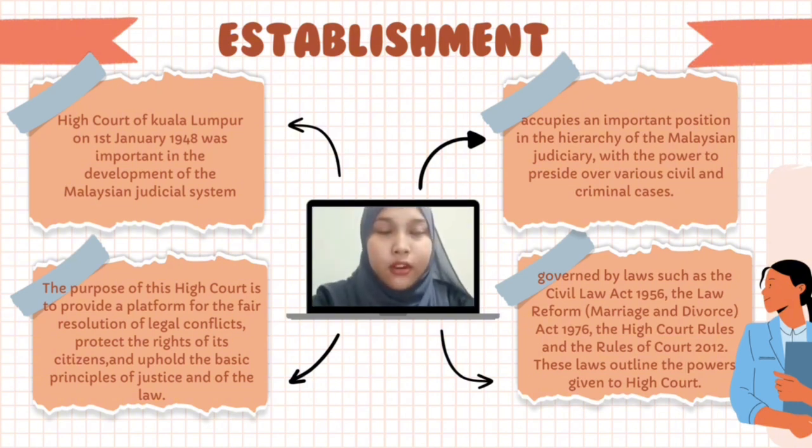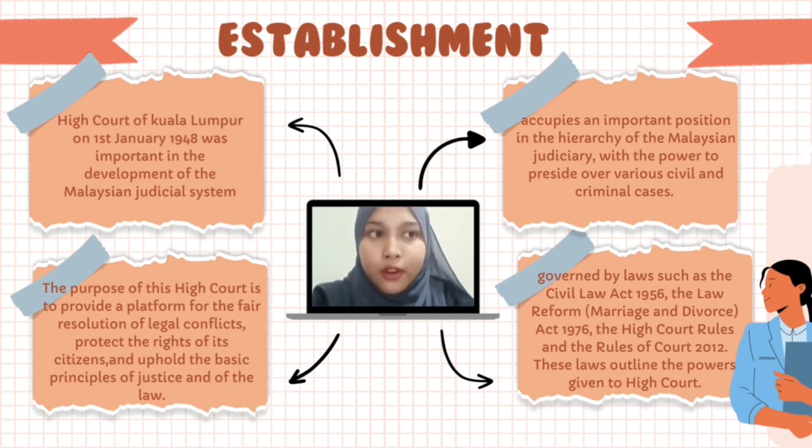The establishment of the High Court of Kuala Lumpur on 1st January 1948 was important in the development of Malaysia's judicial system. This event marked the formal creation of a court that held jurisdiction over Kuala Lumpur, the capital city of Malaysia. The High Court occupies an important position in the hierarchy of the Malaysian judiciary, with the power to preside over various civil and criminal cases.